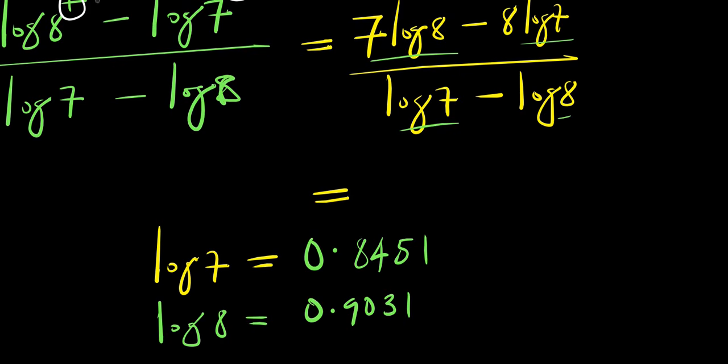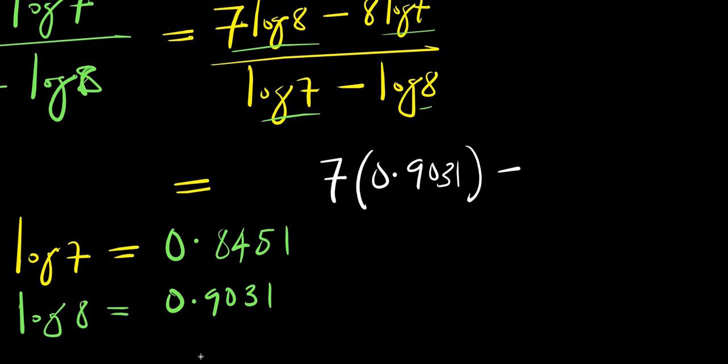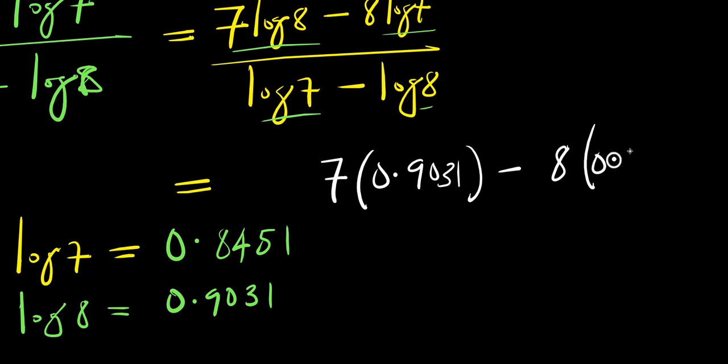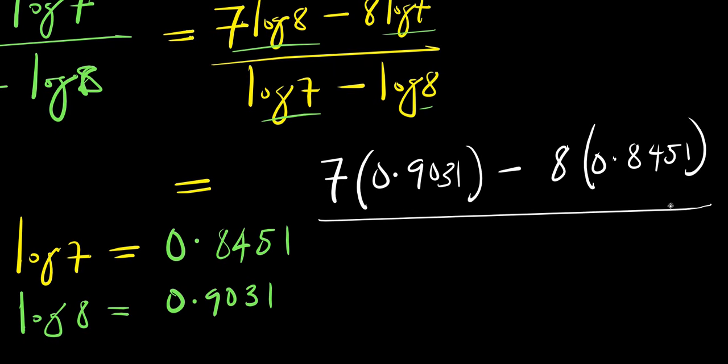Now this will simply be 7 times log 8, which is 0.9031, minus 8 times log 7, which is 0.8451, divided by log 7, which is 0.8451, minus log 8, which is 0.9031.